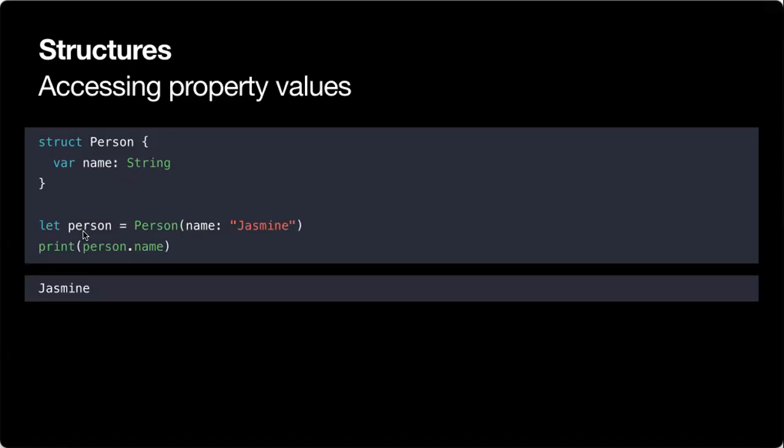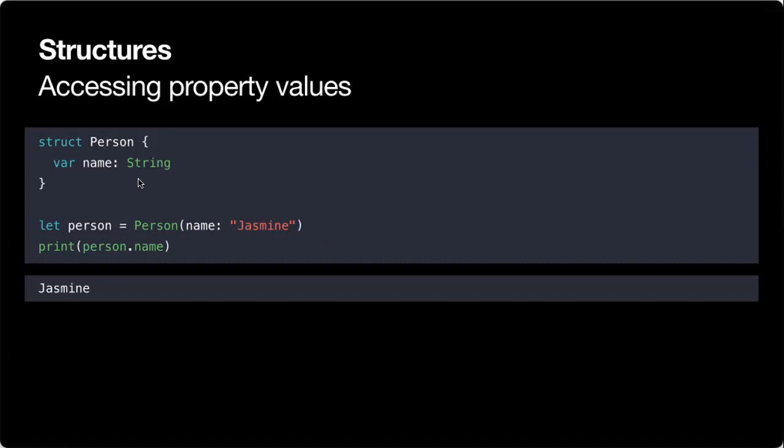Then you say the variable name, equals the name of the structure, and then between brackets, the required attributes. Here we have name only, so you will have name, and then you pass the value.